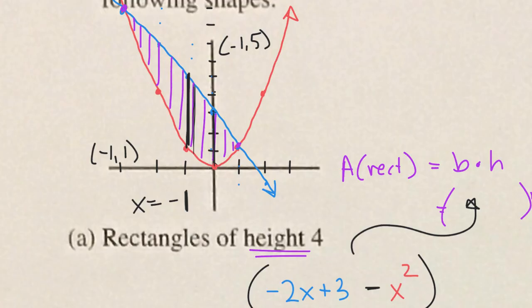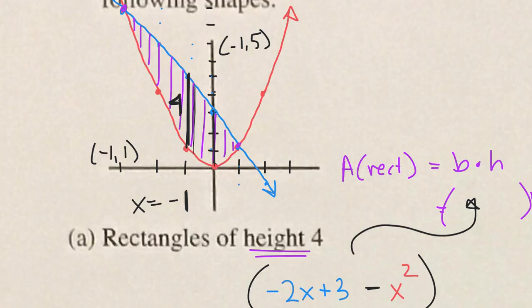So what's the length of the base of my rectangle when x equals negative 1? Hopefully you can do 5 minus 1 in your head and come up with 4. Right? The distance in between your blue line and your red line is going to be 4. So what's the area of the rectangle that I would build at x equals negative 1? 4 times 4 is 16.